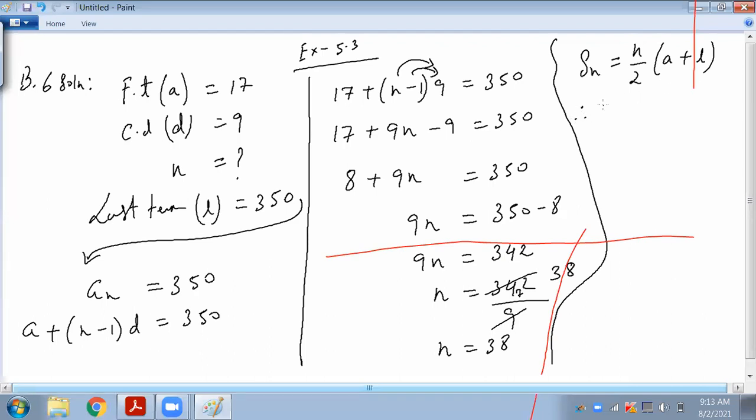So we'll find S38, because we got n as 38. So put the value of n, a and l. So 38 by 2 into a is 17 plus l is 350. So it'll be 38 by 2 into 350 plus 17, which will be 367.